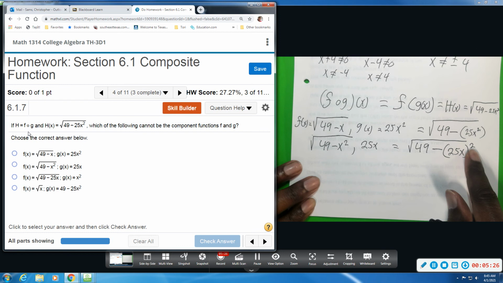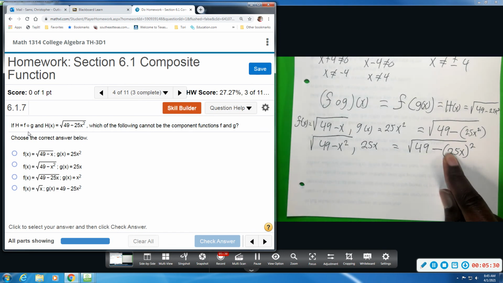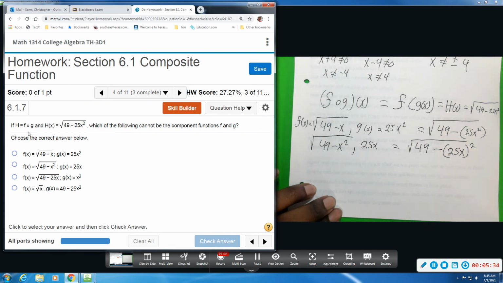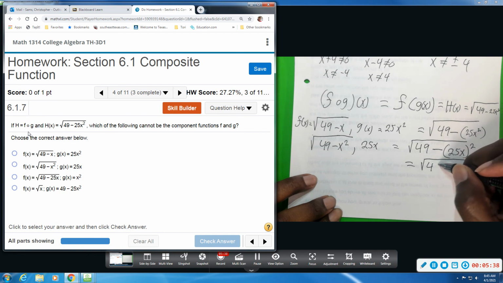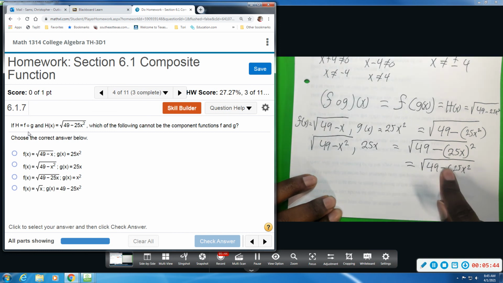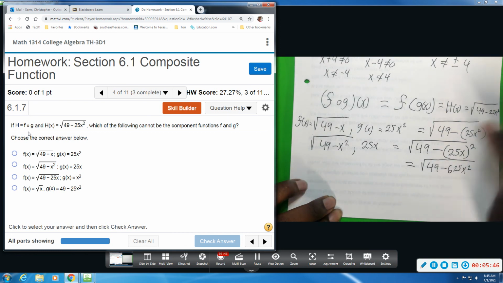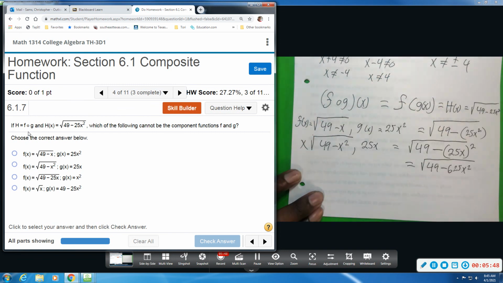Now, what does this mean? That means you're going to square the x and square the 25. So be careful here. If you square 25, you get 625. So this one would equal square root 49 minus 625x squared. This one does not match this. So B, we cannot use B. You got to be careful with what that notation means.